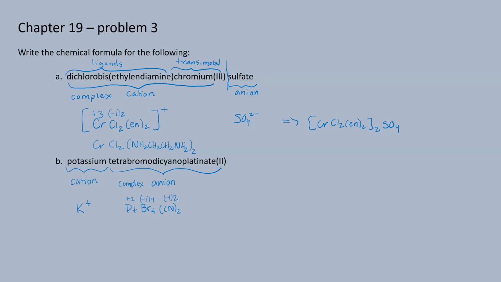So if we add that up, that's a total of -4. So to balance that out, we're going to need 4 potassiums for every one complex ion. Now, if you haven't noticed already, for complex ions, we put a bracket around it so that we can keep it separate from the other ion.